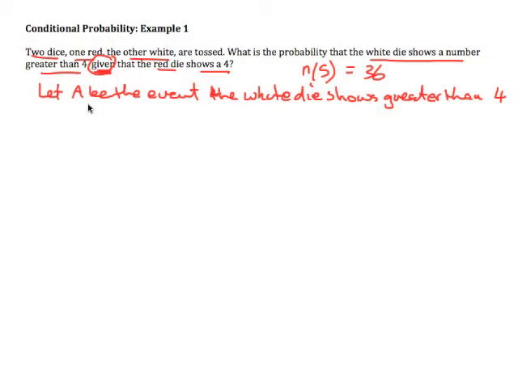Okay. All right. We're going to let B be the event that the red die shows a 4.